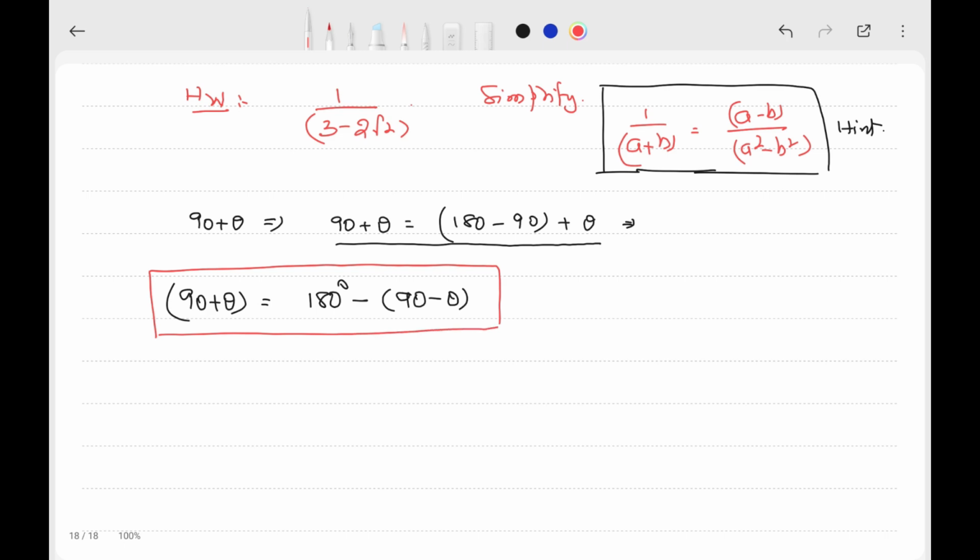In this way also we can write. Use this hint and find out 90 plus theta values. Similarly, the hint is same for 270 plus theta also, 180 plus theta also. Use this hint. If possible, I'll include 1 or 2 examples in my MCQs in the next lecture so that you will understand very easily this concept.